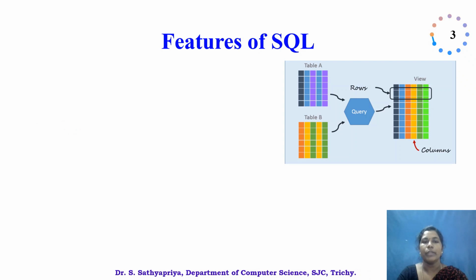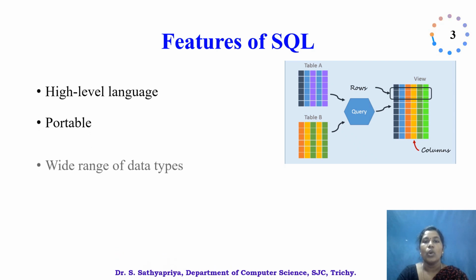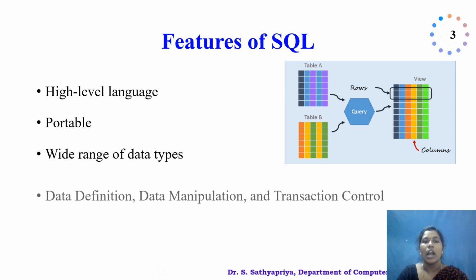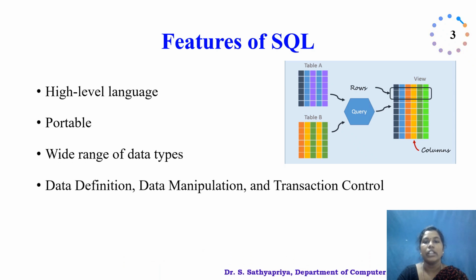SQL is popular because of its features. It has several features that make it indispensable. The common features are high-level language, portability, wide range of data types, and comprehensive functionality. It means SQL provides commands for data definition, manipulation, and transaction control.